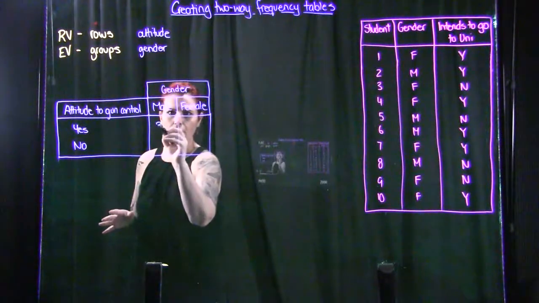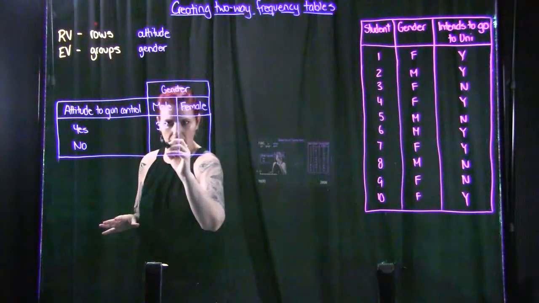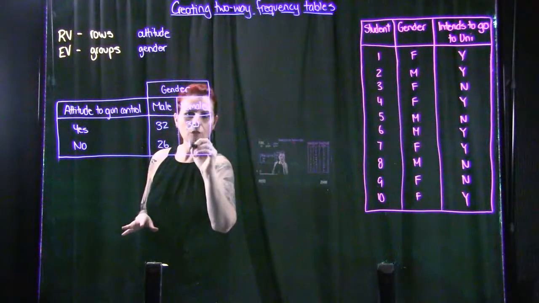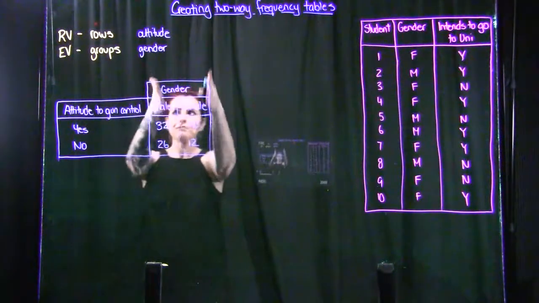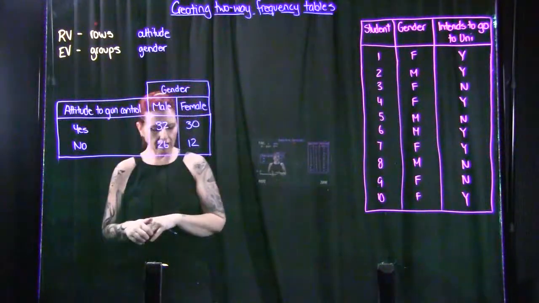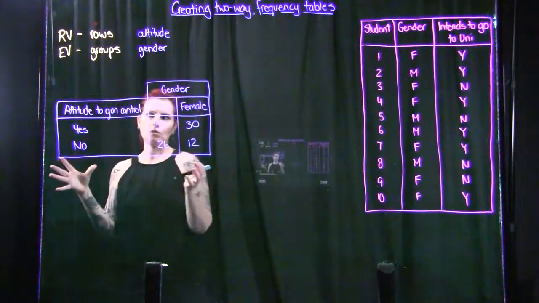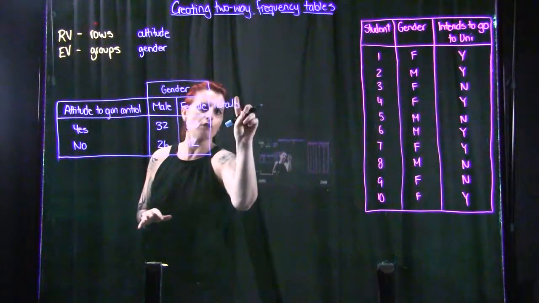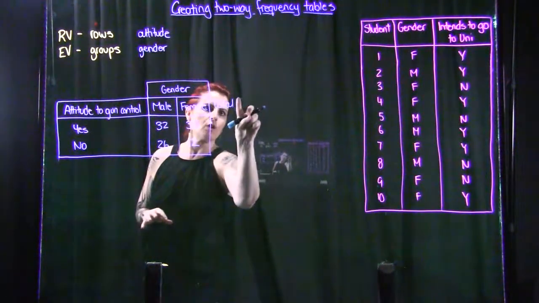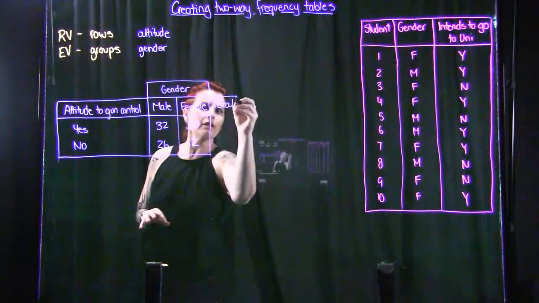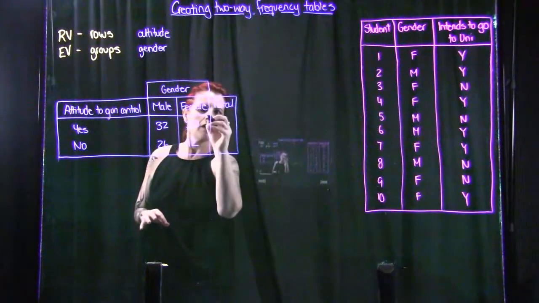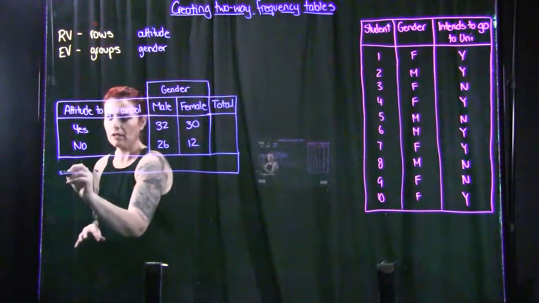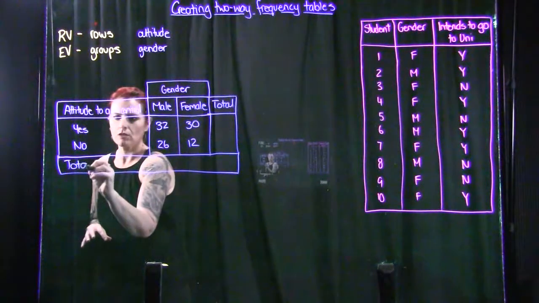So here I've got 32. Let's just put some numbers in: 26, 30, and 12. Easy, so we've got our variables on the right side. Now to finish a two-way table, all you have to do is add totals to the rows and columns. Just write total, and then down the bottom here, total.